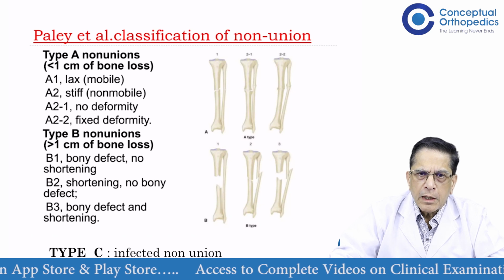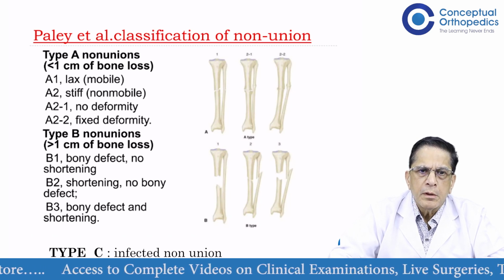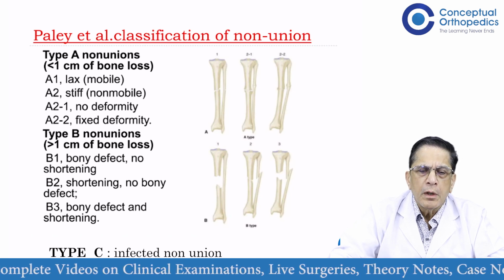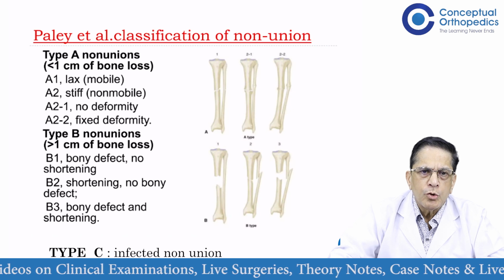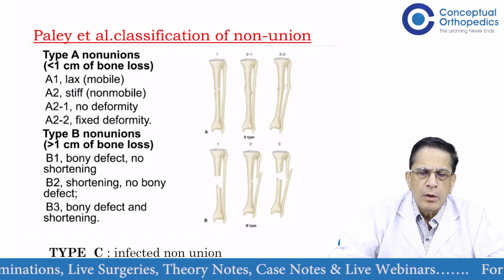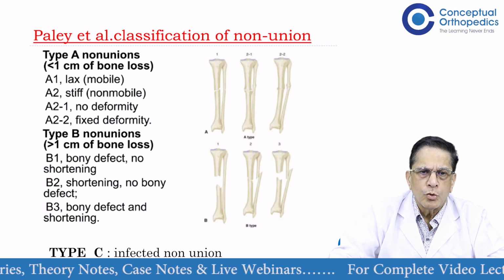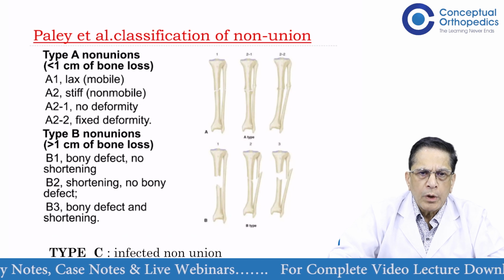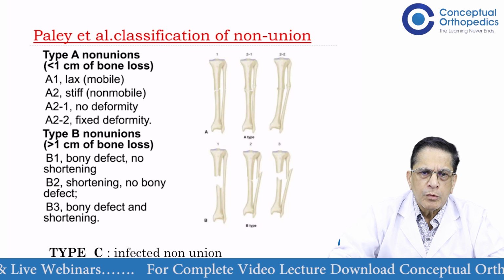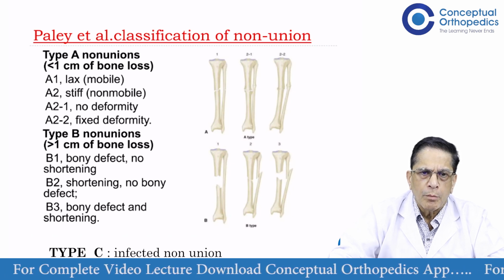Paley et al. classified the non-unions into three different types. Type A is non-union where there is less than 1 centimeter bone loss. It is again divided into A1 where there is a lax non-union, and A2 where there is a stiff or non-mobile non-union. In A2 type, there is again type 1 and type 2, depending on whether there is any deformity or no deformity.